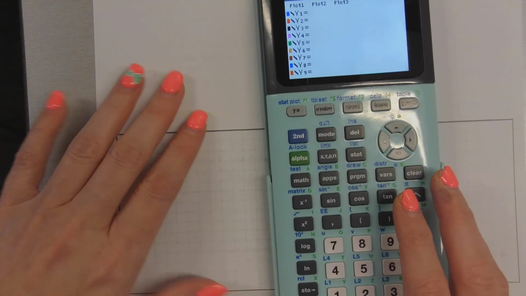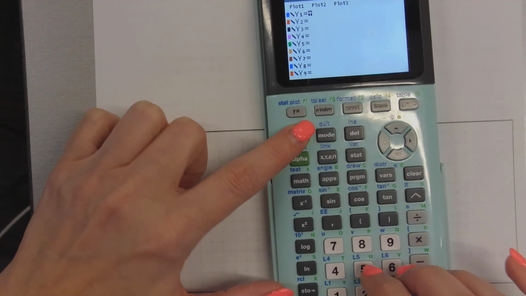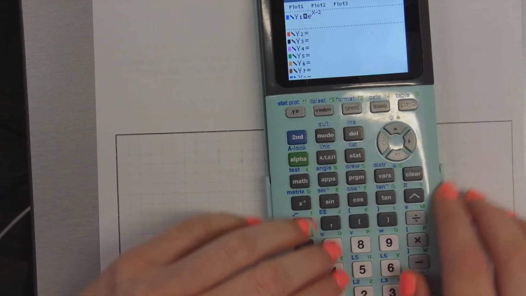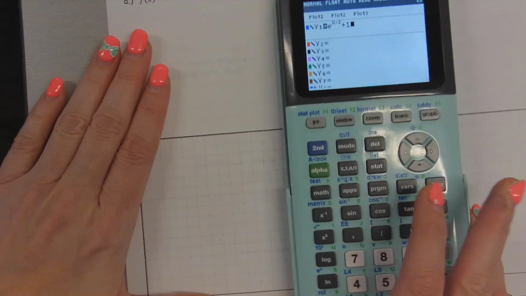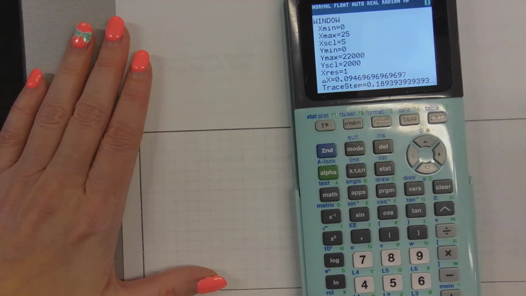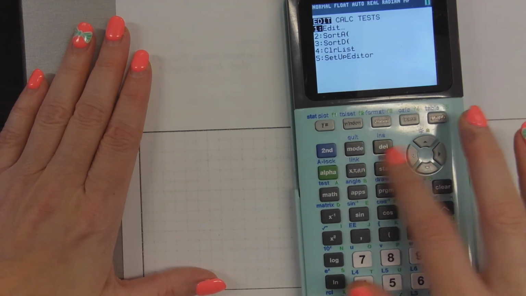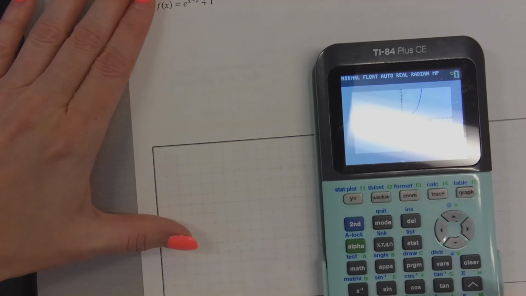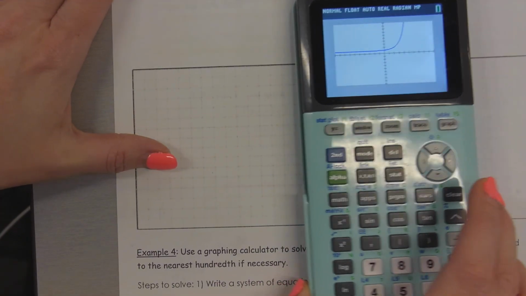All right, so you have e to the power of x minus 2, plus 1. Okay, if you're graphing this, you might want to go back to your standard window. Mine is still in what we were doing the other day, so you can just go to Zoom 6. Okay, and you can see your graph there.